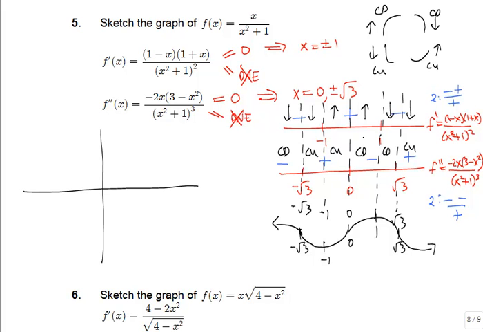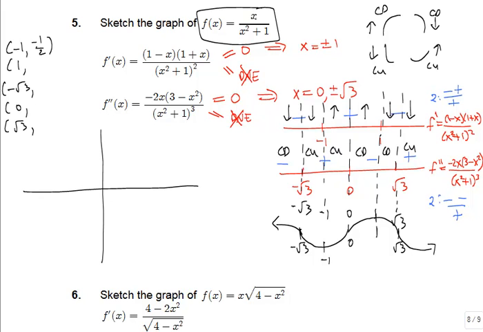Our key points are all of these critical numbers that we have. So -1, +1, -√3, 0, and positive √3. And you're going to be plugging those back into this original function. So if I plugged in -1, I'd get -1 over 1 plus 1 or 2. So this is -1/2.